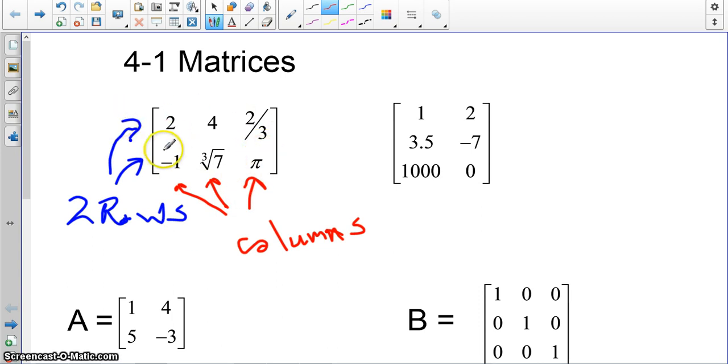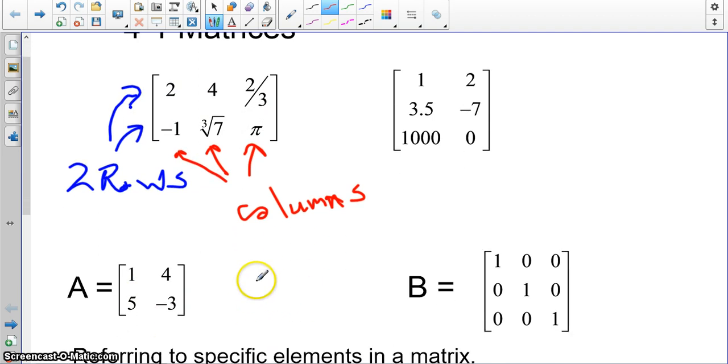Matrices are always rectangular or maybe square. In fact, these are both called square matrices down here on the bottom of the screen, as hopefully is apparent why that would be the case.